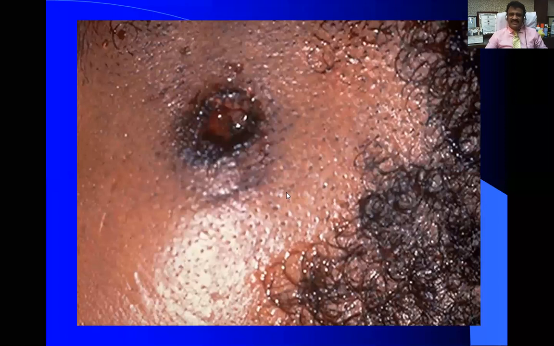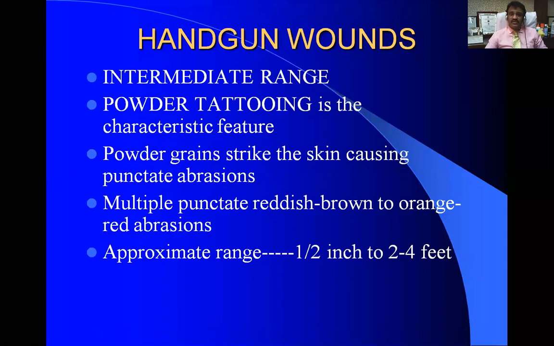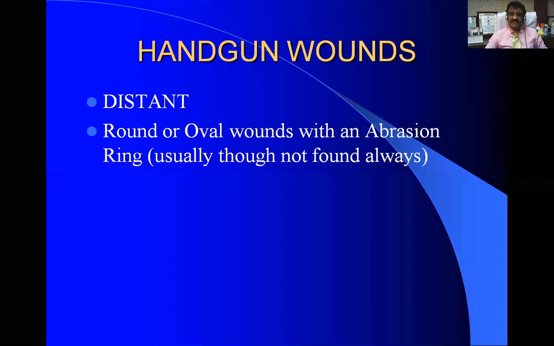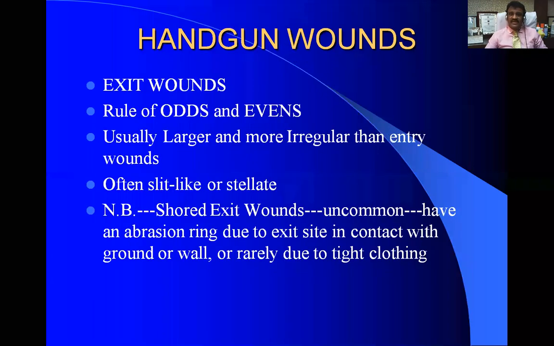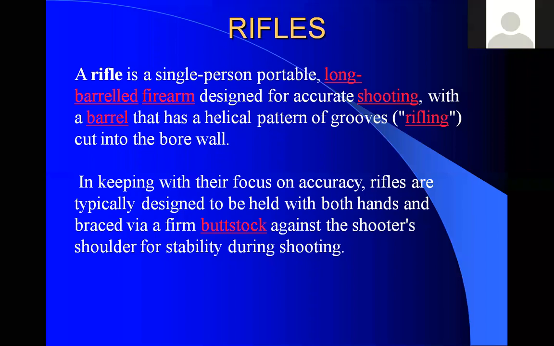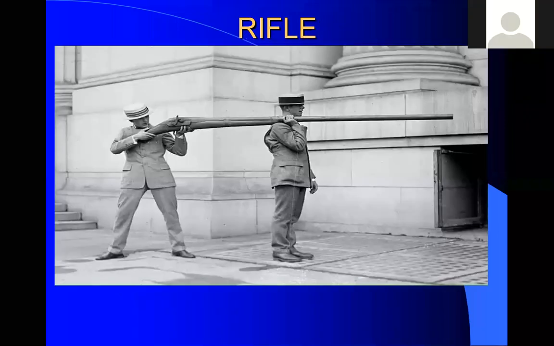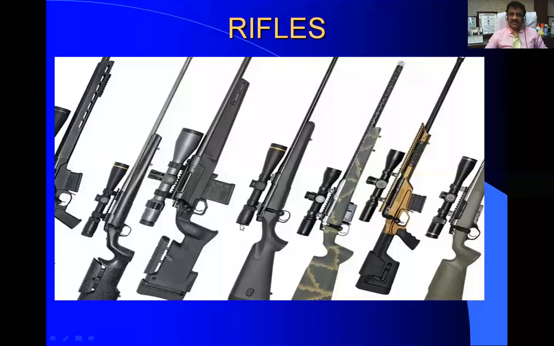The person dies on the spot if it is hitting some vital organ. The brain is a vital organ. Handgun wounds, you can see different images here. Exit wound, entry wound, and rifles. Some historical pictures I am trying to show you, different types of rifles.